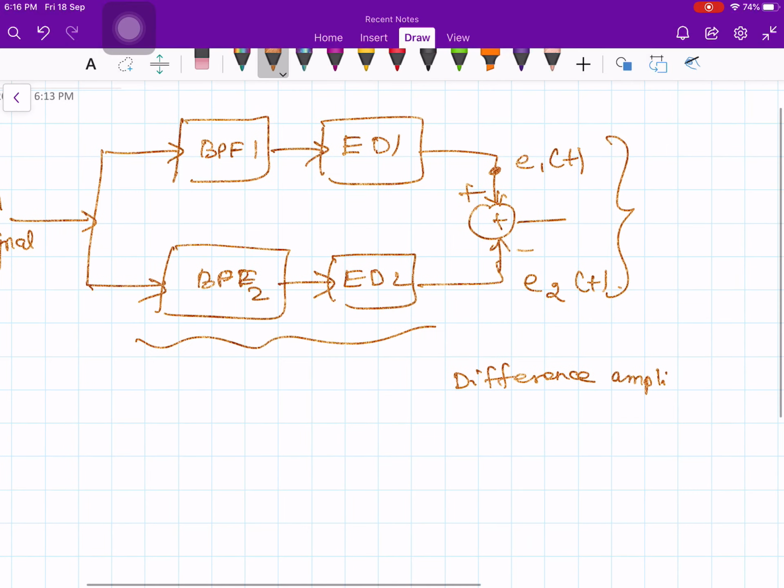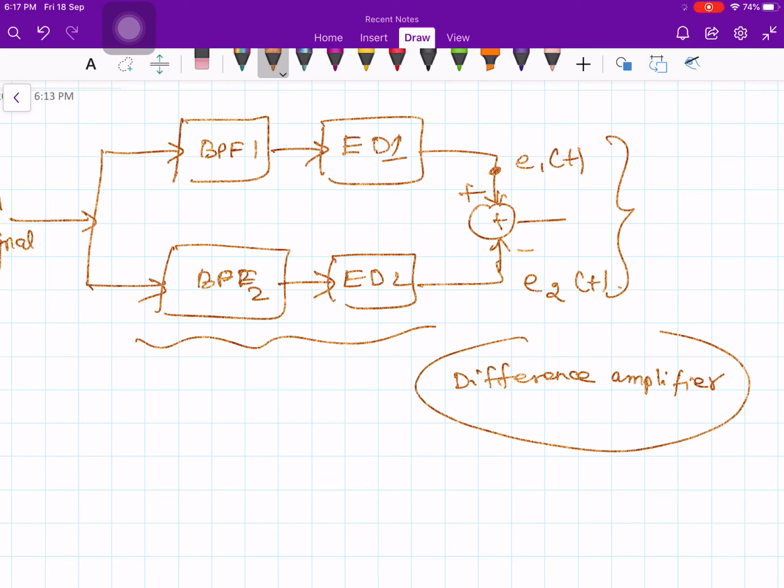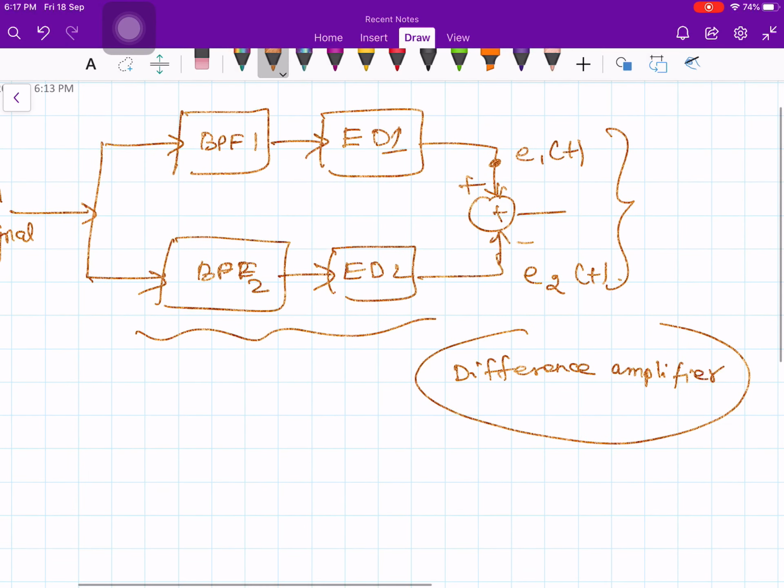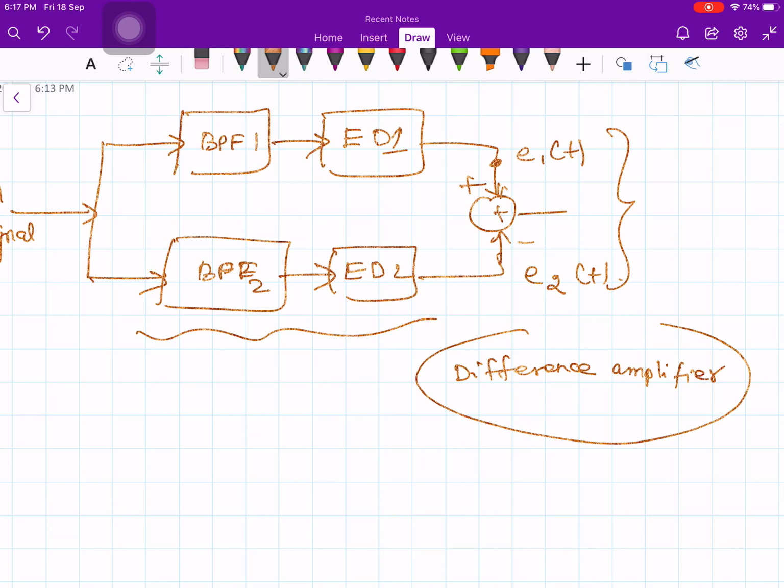So you have two outputs, one from envelope detector 1 and the second from envelope detector 2. You can combine these two using a difference amplifier. But there is a more popular passive alternative circuit than the difference amplifier.